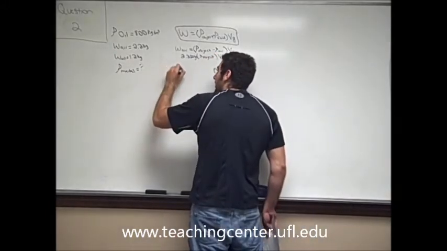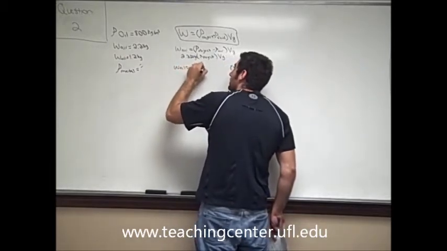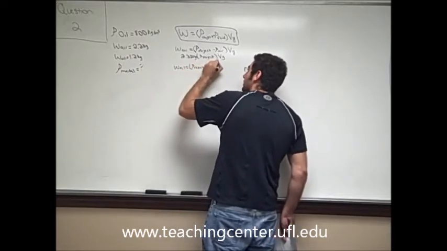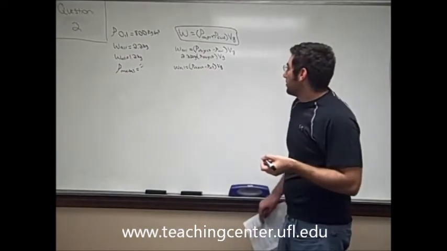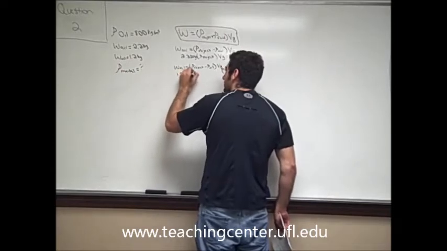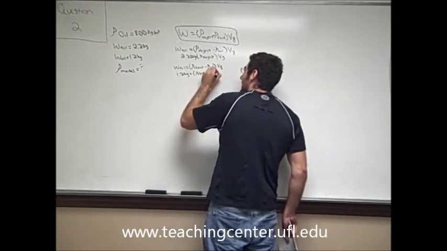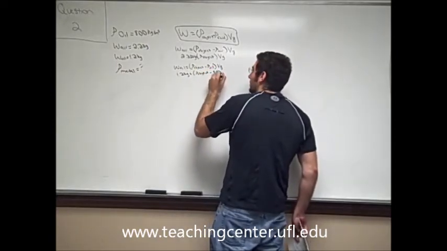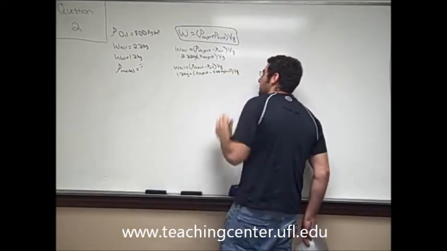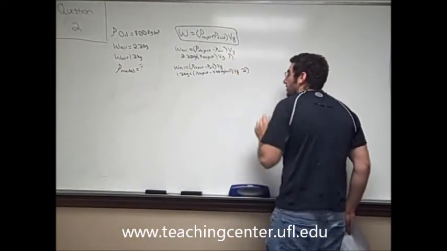And then we have the weight in oil, which is equal to the density of the object minus the density of oil times the volume times gravity. So here we have 1.2 kilograms equals the density of our object minus 800 kilograms per cubic meter times V times G.